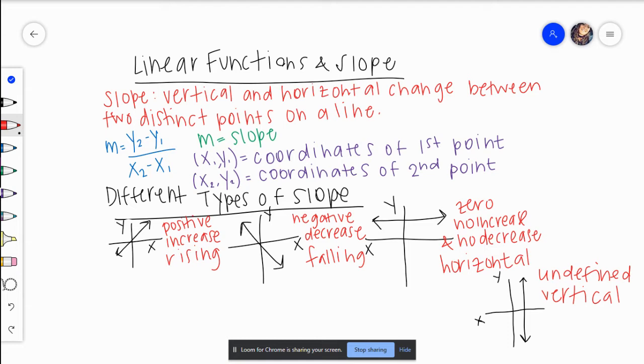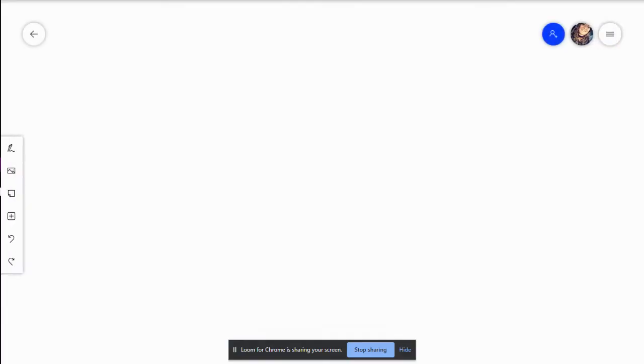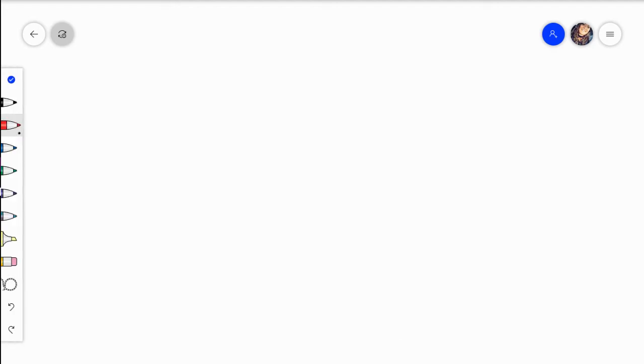Okay, so I want to actually do some examples with finding the slope. Okay, so let's do some examples. Finding slope.